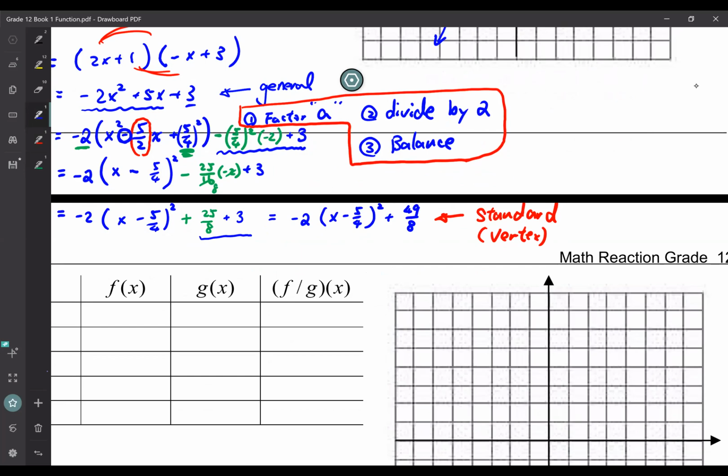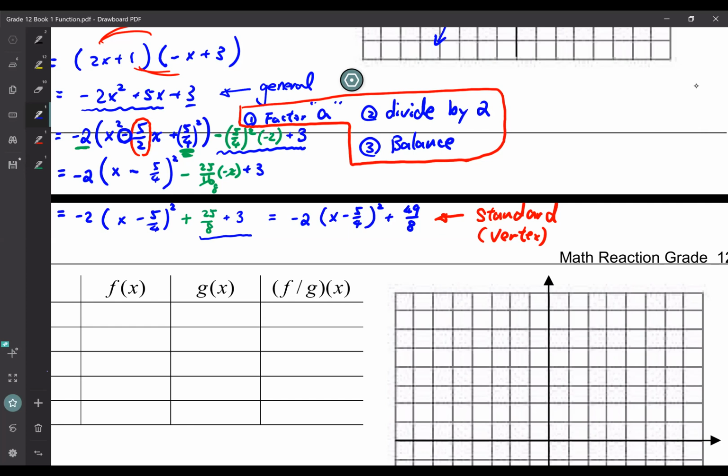We have the A, P, Q. Which ones are for the vertex? P and Q? Yeah, P, Q are the vertex.